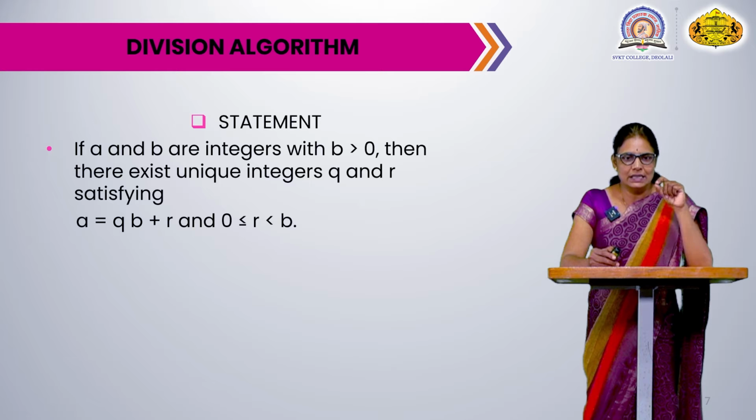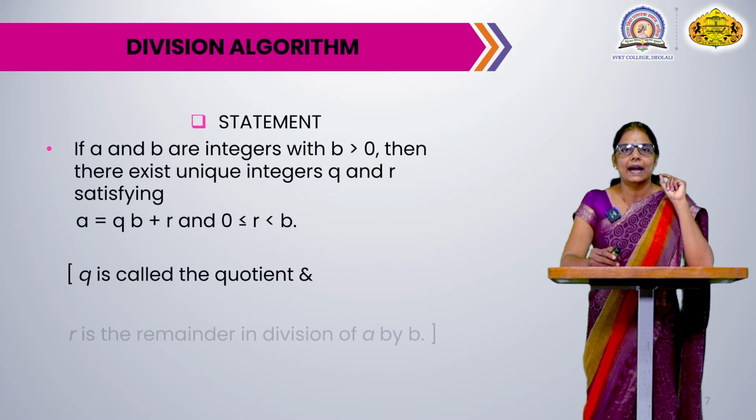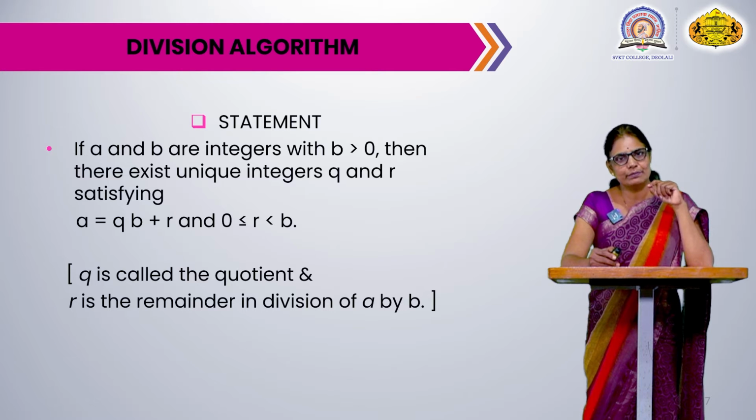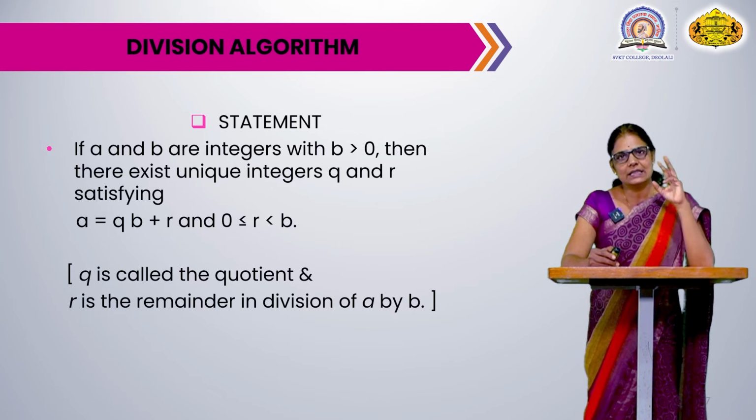Now in this statement q is called the quotient and r is called the remainder in the division of a by b. So remember here b is strictly greater than 0. Now we will prove this theorem in 3 steps.